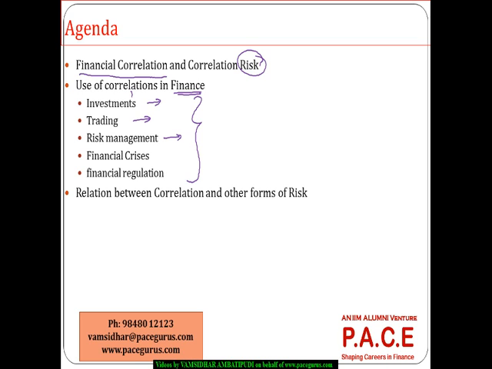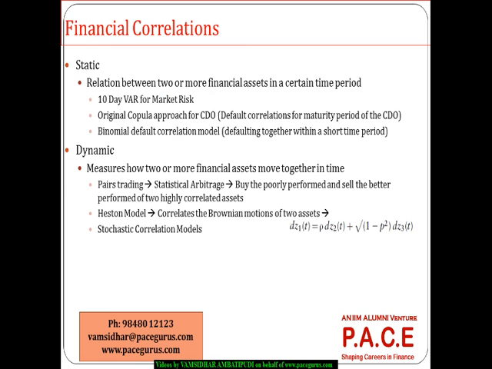And finally, we will also see what is the relationship between the correlation and other forms of risk. How is correlation linked with market risk? How is it linked with credit risk? How is it linked with systemic risk? All these things we are going to look at, right? So just getting started with the same.